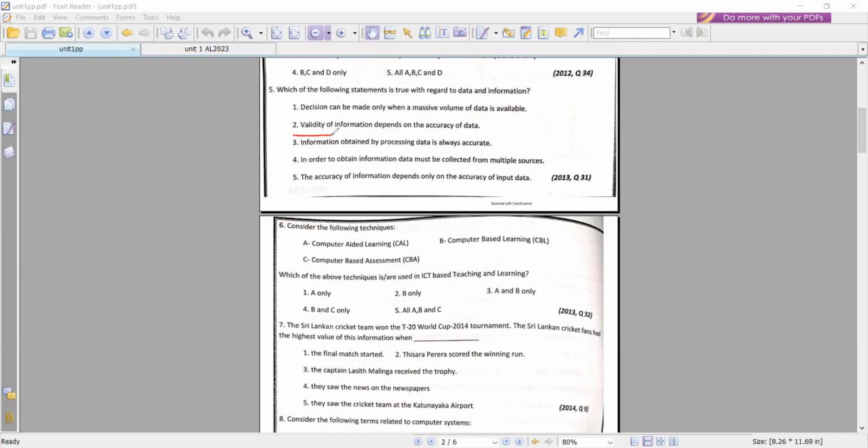Okay, if you go to the sixth one, consider the following techniques. Computer-aided learning, computer-based learning, computer-based assessment, right? This polling I am doing is a kind of computer-based assessment. Computer-aided learning means using the computer you can learn.